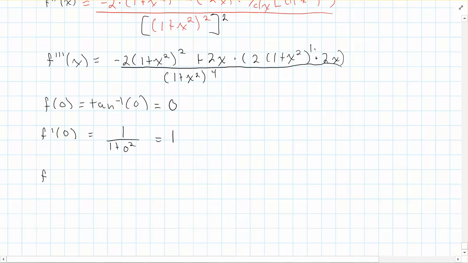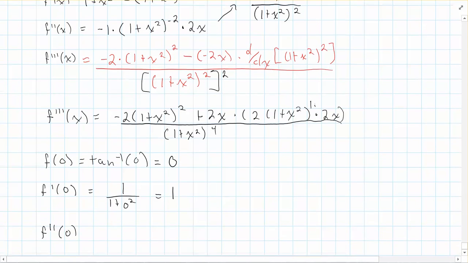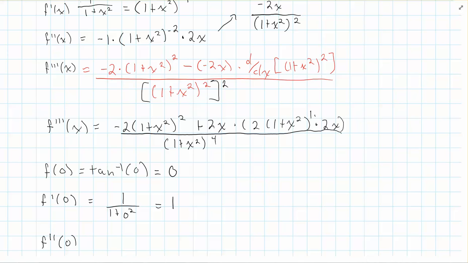F double prime at 0. Well, let's scroll back up here to see f double prime. This would be equal to negative 2 times 0 over 1 plus 0 squared squared, which would just be 0.